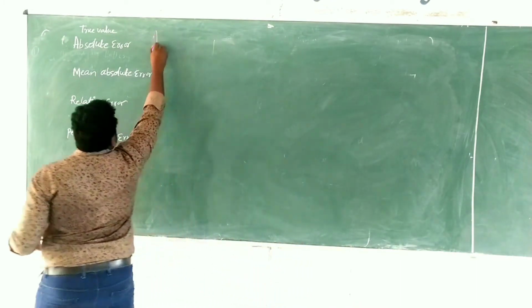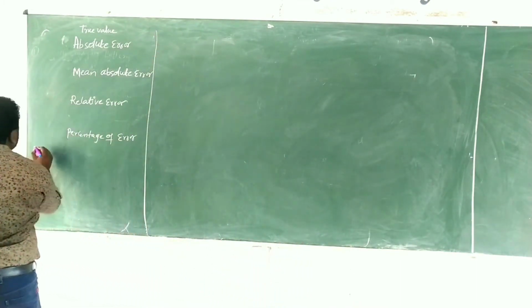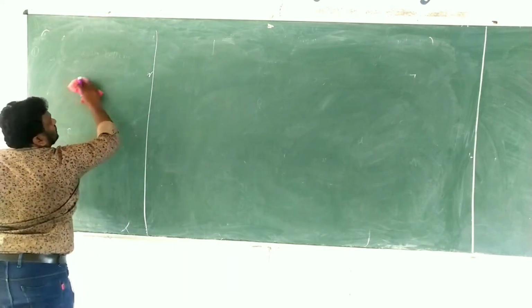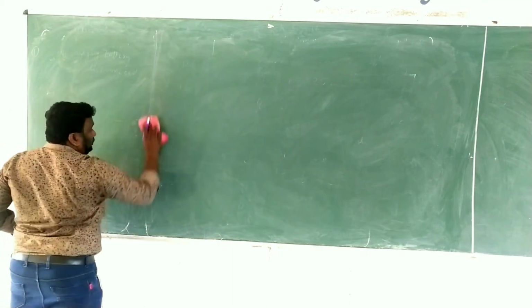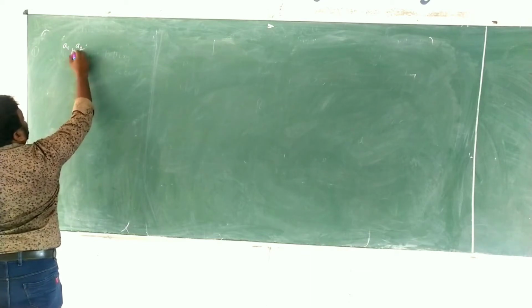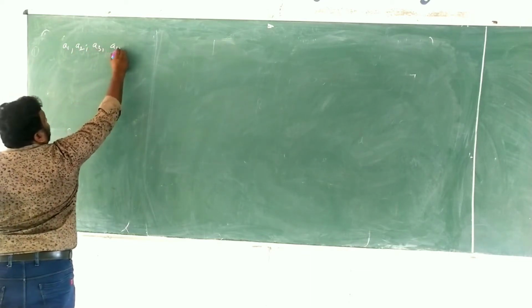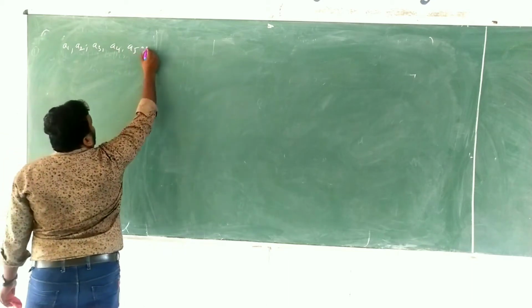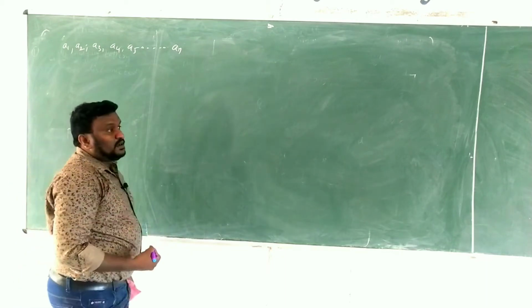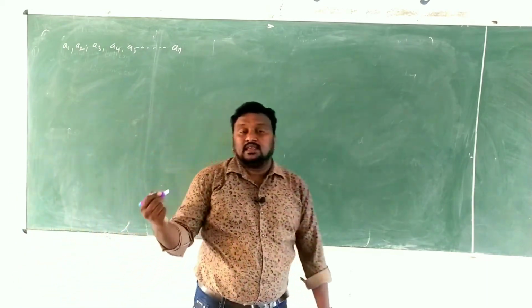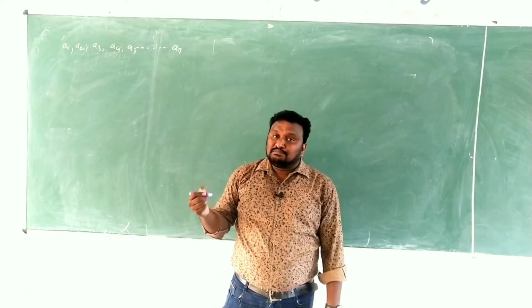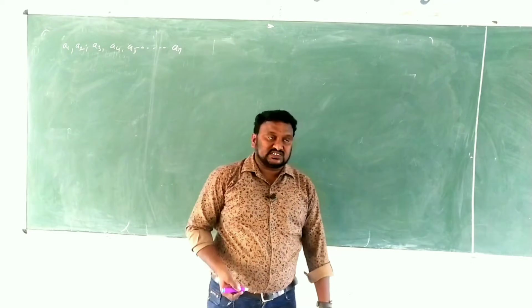In an experiment, A1, A2, A3, A4, A5 and so on to An are the measured values or observed values.